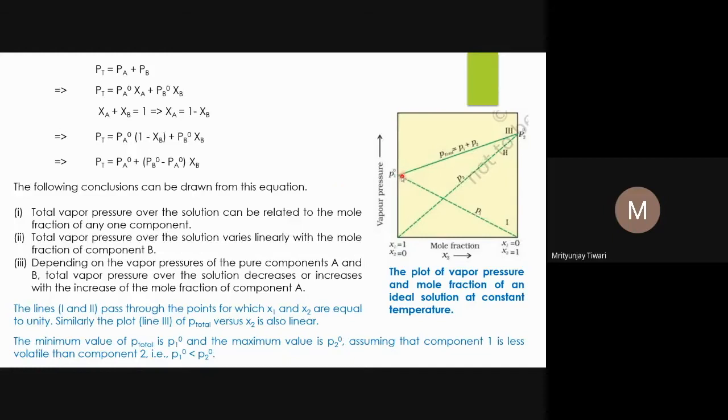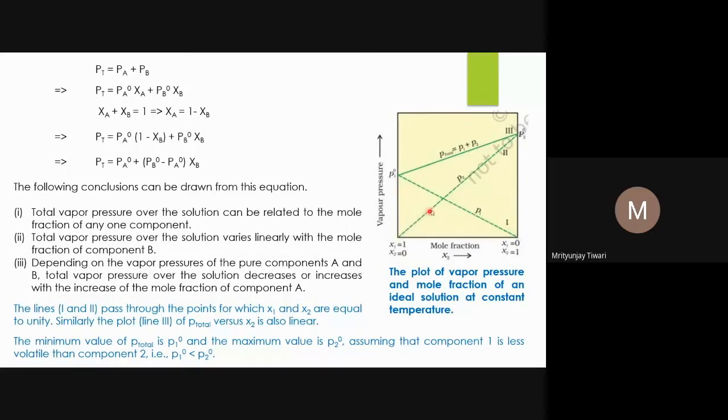Based on this graph we obtained this equation, and we saw that we can get a straight line when we plot vapor pressure versus mole fraction of any of the components. Here the mole fraction of component 2 is taken. As the mole fraction of 2 increases, the mole fraction of 1 will decrease, and the vapor pressure of 1 will also decrease linearly.